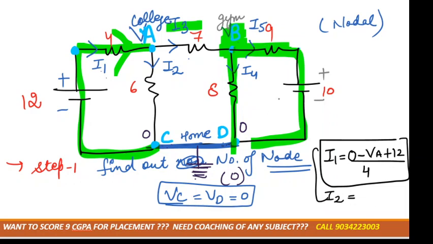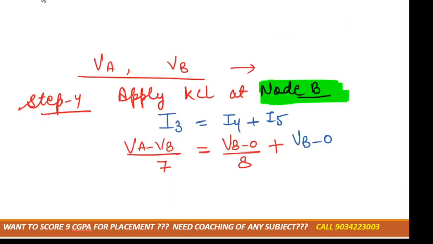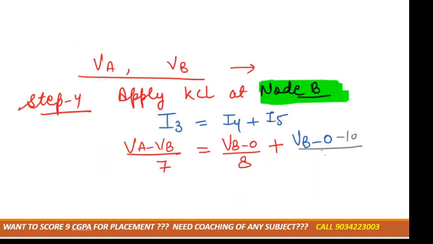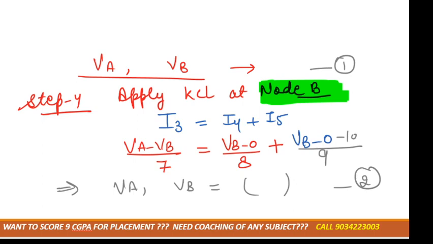The second sign is, you are moving from B to 0. So what is the second sign coming in your path? That is minus, right? Minus 10 divided by the resistance, that is 9 ohm. Okay, got it? Now similarly we'll get the equation in the form of VA and VB. Now we have two variables and two equations. We can easily solve it through the calculator.